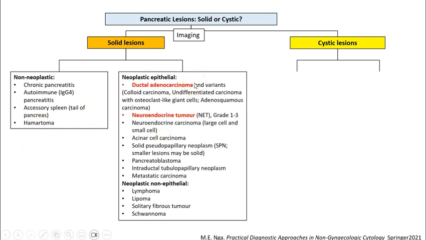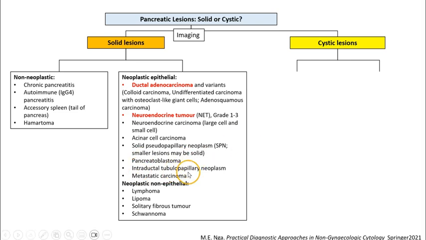In terms of the neoplastic lesions, I have divided them into epithelial lesions and non-epithelial neoplasms. The commonest lesions would be the ductal adenocarcinoma with its different variants and neuroendocrine tumor. And then we also have neuroendocrine carcinoma, which is less common, and these other lesions including acinar cell carcinoma and solid pseudopapillary neoplasm, which also can fall into the cystic category, in particular for larger tumors with cystic degeneration.